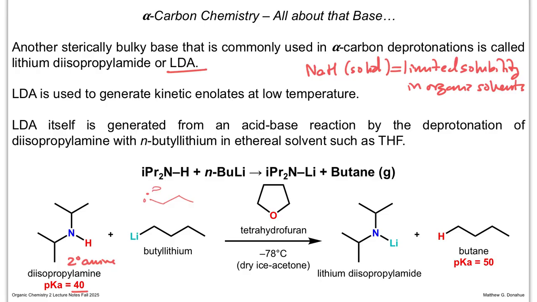So N-butyl lithium is a carbanion. So it deprotonates that. The conjugate acid is butane, so its pKa is 50. So 50 versus 40, that's a big enough difference to force this to form LDA. And the LDA is what we're using now as the base to generate our enolate.